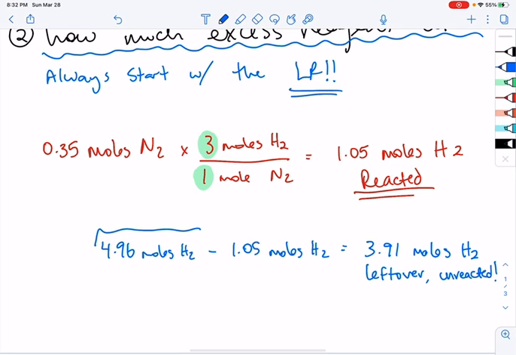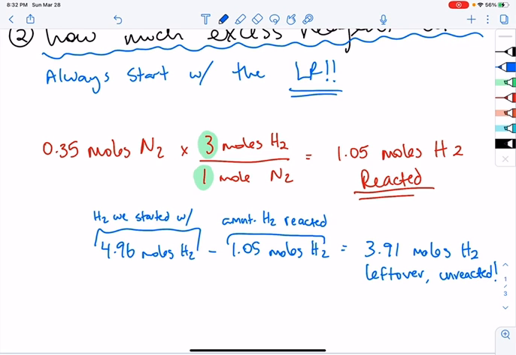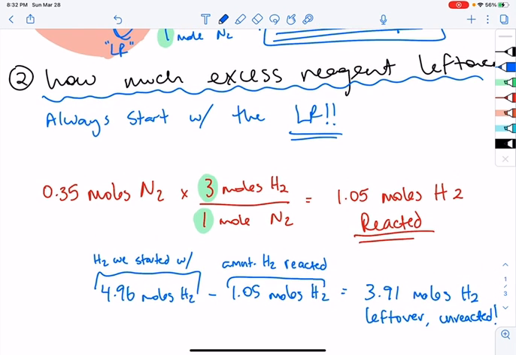So this is how much hydrogen we started with. This is the amount of hydrogen that reacted, right? And this is how much is left over. To figure out how much reacted, we started with the limiting reagent, which we had to figure out, and then we converted it to the excess reagent.